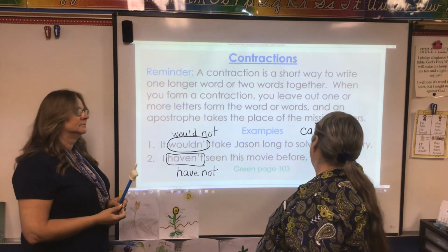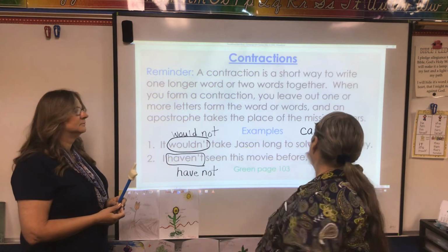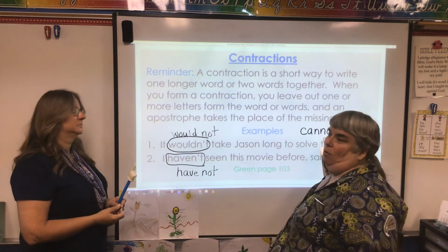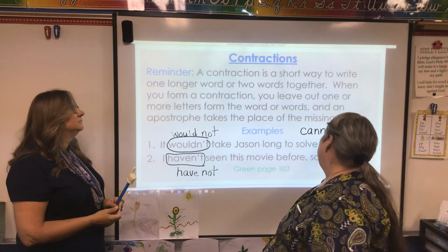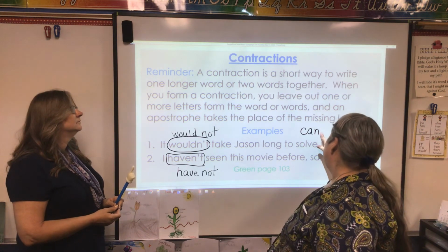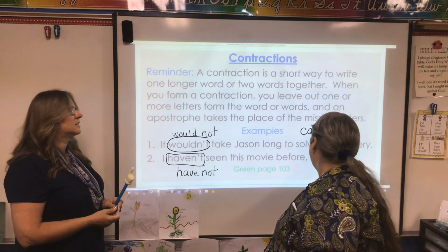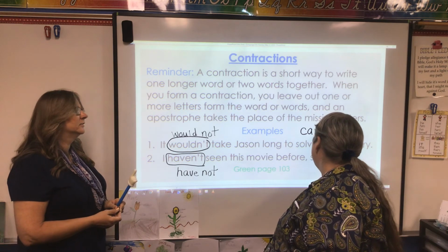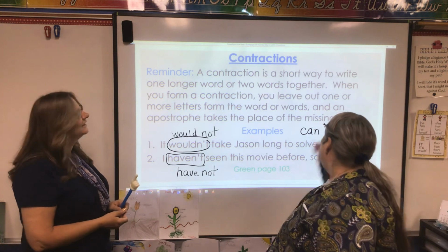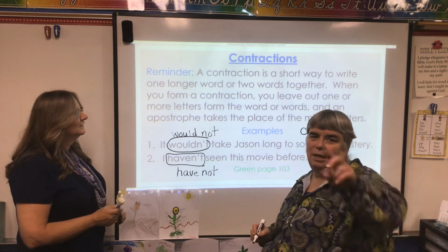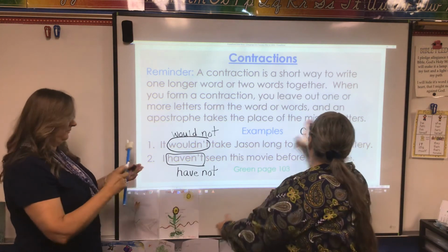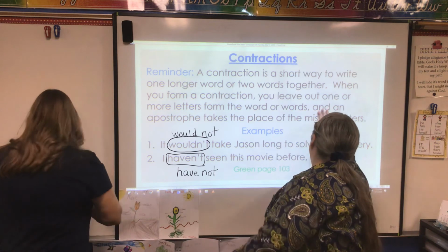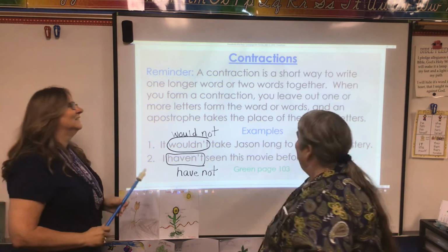Sometimes technically it can be two. And when it's changed, it becomes can't. But cannot is one word and it becomes one word.